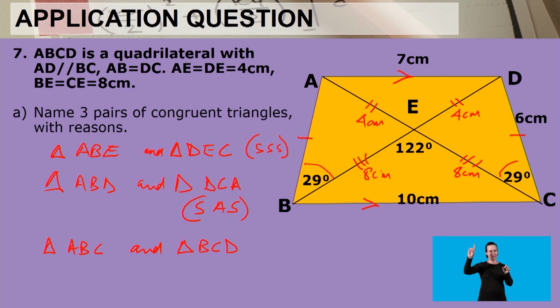Then we have the side that we said was 8 plus 4 centimeters, and the other one also has 8 centimeters plus 4 centimeters, so that's 12 centimeters and 12 centimeters, a common side as well. And they both have side BC, which is common. So those 2 triangles are congruent because all the sides are equal. So now we have established 3 pairs of congruent triangles in that diagram alone.